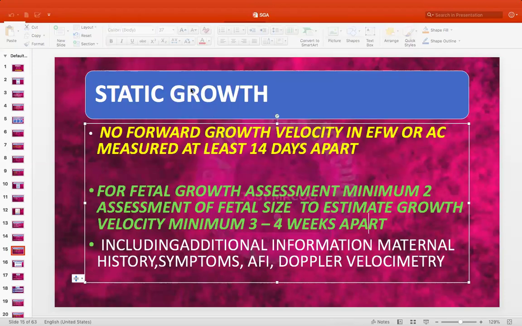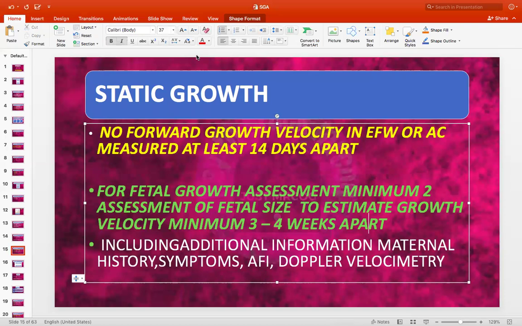So you have this criterion. Now after 3 to 4 weeks, you have performed it again and you find that there is no appropriate growth. So for fetal growth assessment, minimum 2 assessments of fetal size. This is common sense. And what should be the difference? 3 to 4 weeks apart.